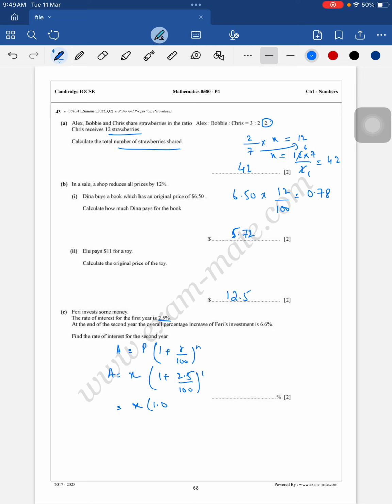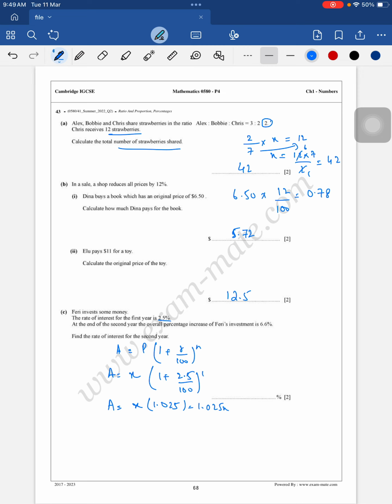So this is 1.025x, the amount after keeping it for a year. Is it clear? Okay, now the next thing is the amount after the second year.